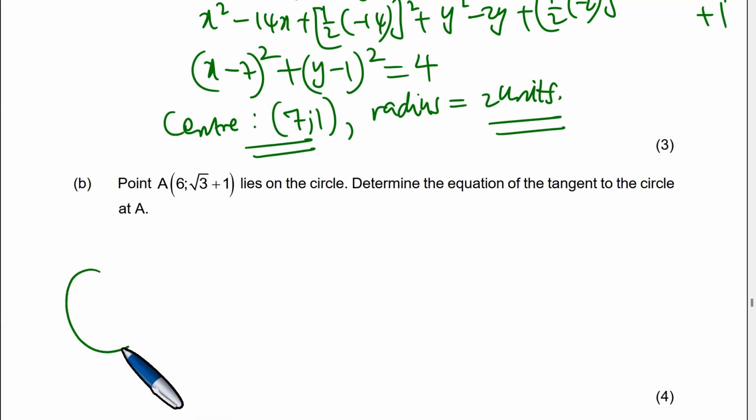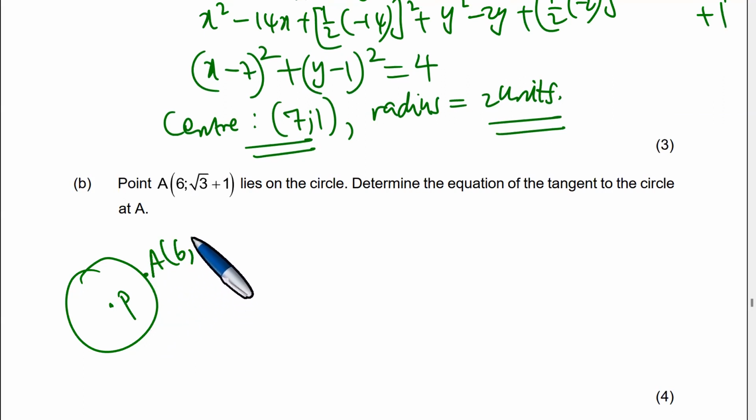So you have the circle, it is like center P, and then there is a point A that is having those coordinates. What is the gradient of PA?